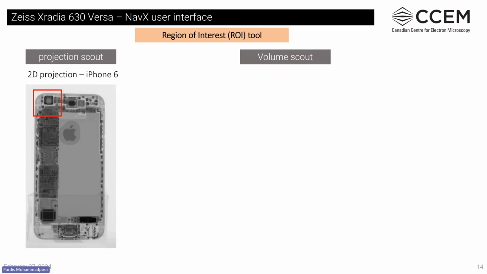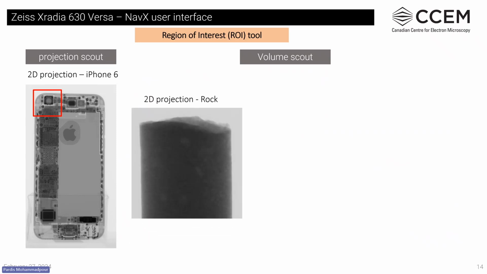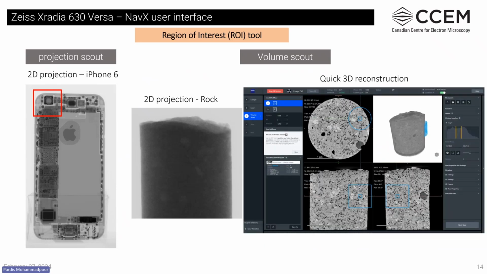However, to target a specific feature in this rock, we cannot do it based on the 2D projection view because we cannot basically see any features. In this case, we use the volume scout tool, in which we do a very quick overview scan and reconstruction, and then we can pinpoint our volume of interest for high resolution imaging.